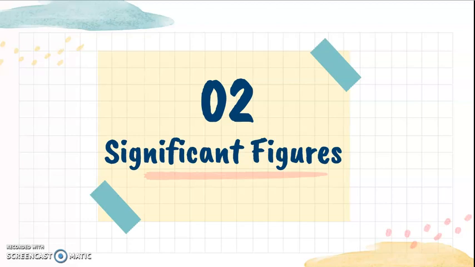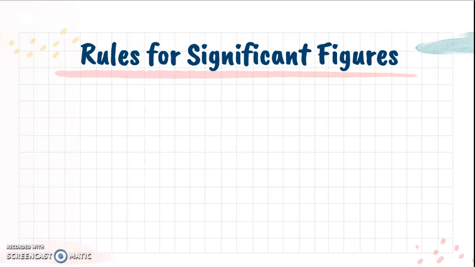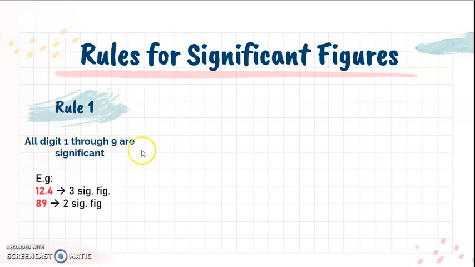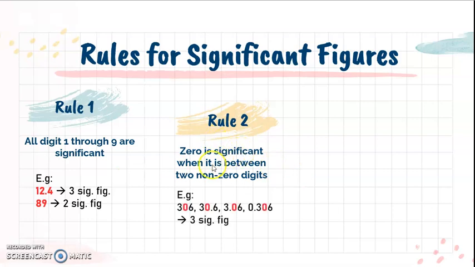So once you finish your decimals, go to the second subtopic, which is significant figures. For significant figures, there are three rules that you need to know. The first one is that all digits 1 through 9 are significant. For example, you can see here. The second rule, 0 is significant when it is between two non-zero digits. In this case, for example, we have 306. So this is three significant figures, and 0 is considered significant because it is between 3 and 6.